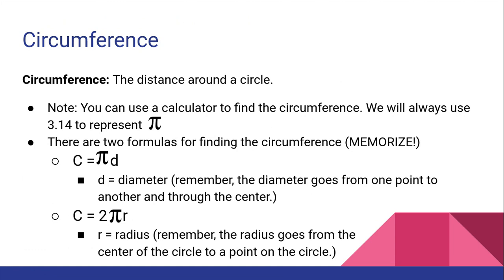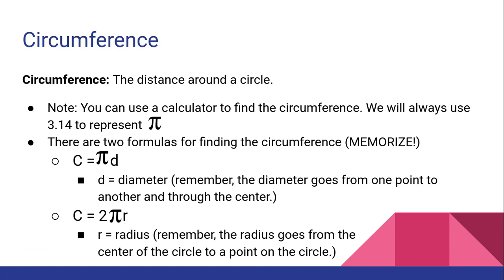You will need to memorize these two formulas. So the first formula is circumference equals pi times diameter. Okay, so it's important to know the C stands for circumference. And then pi, we're going to use 3.14.